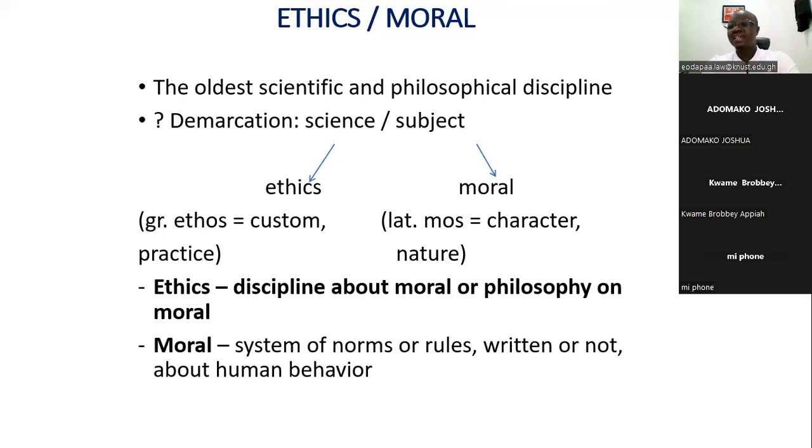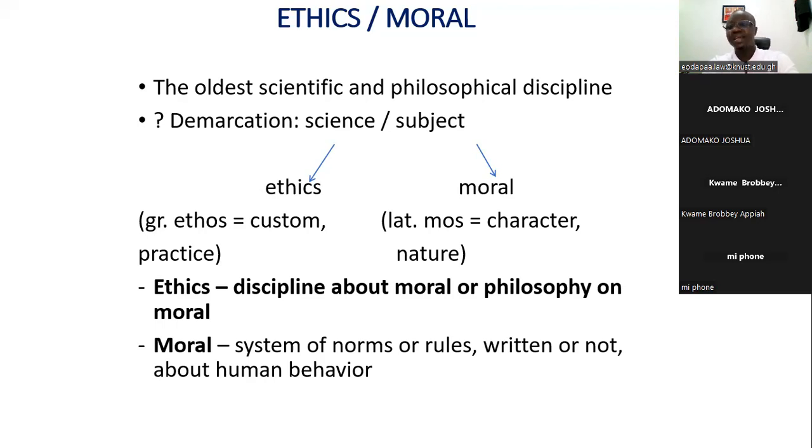So ethics then is the discipline about moral, or philosophy on moral, if you like. And then if you take morality, etymologically, you go back into Latin, we have the word mos. Mos means character or nature.